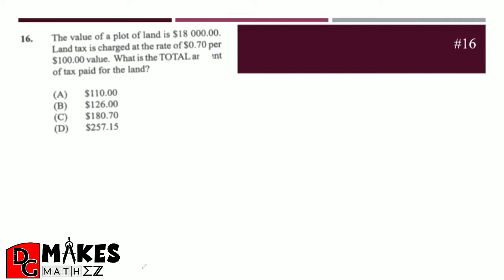Now tax is charged based on a $100 value, which means we need to first find out how many $100 can we get out of 18,000.